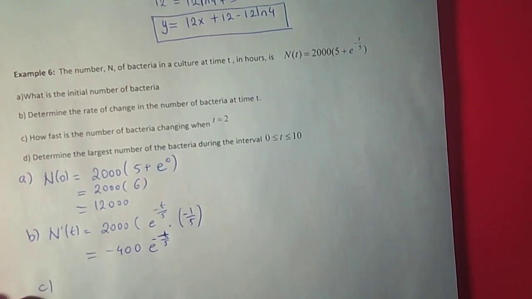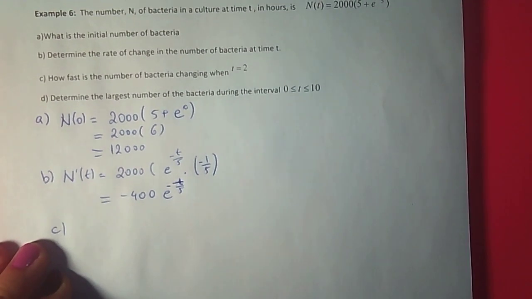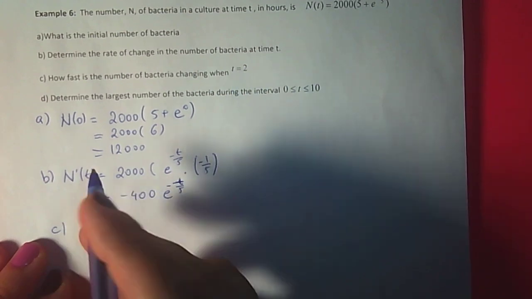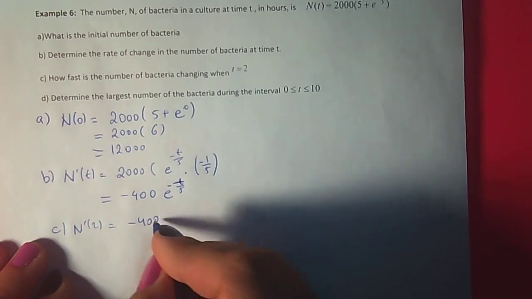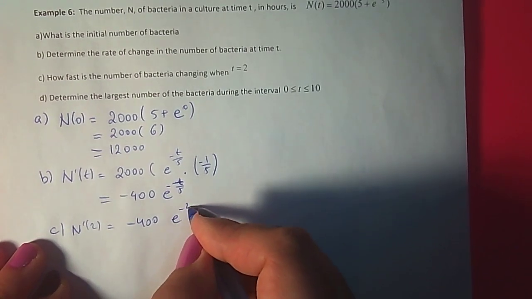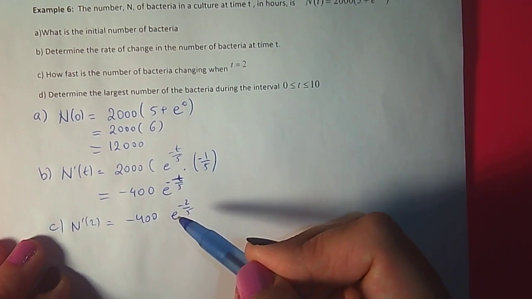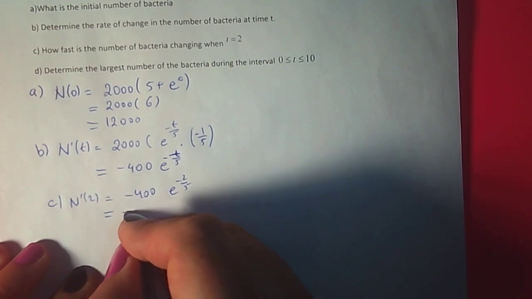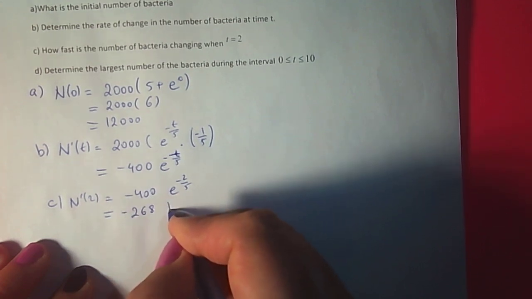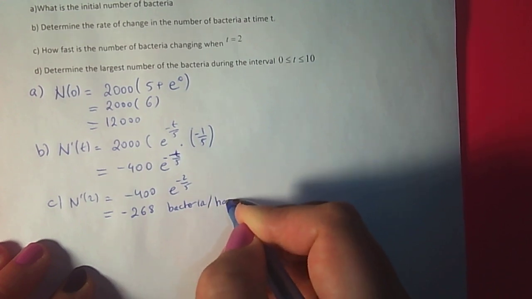C. How fast is the number of bacteria changing when t equals 2? The rate of change at 2. So we need to substitute that 2 in the derivative function. So we get negative 400 e to the power of negative 2 over 5. Now you can punch this in your calculator, and if you do that, you get negative 268 bacteria per hour.